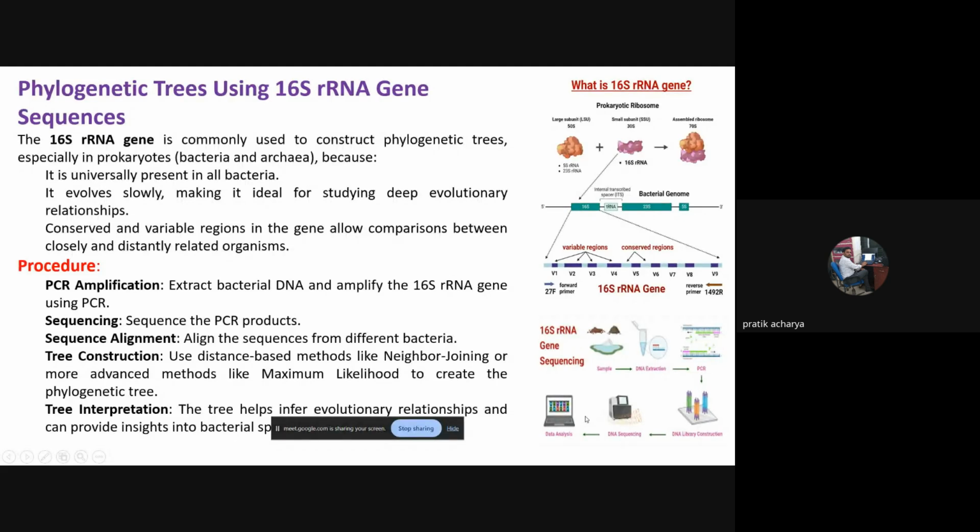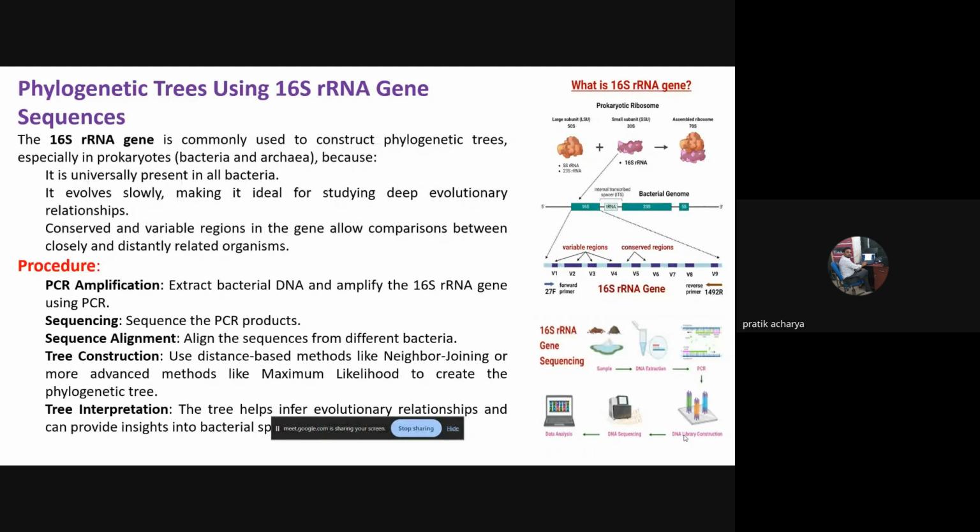Then after analysis, sequencing of DNA. That means we have to arrange the pattern. Then we have to form a library. Library means the tabular presentation of the data, and then we can compare the data. So this is the data analysis by using the 16S rRNA gene.